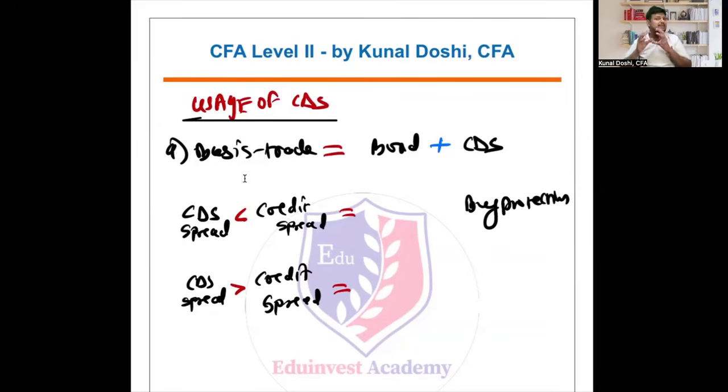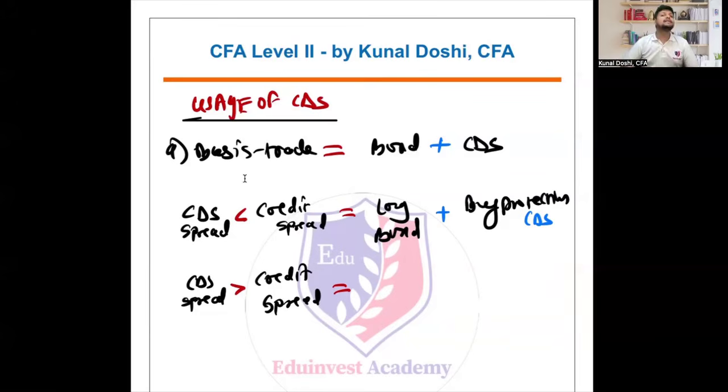Now, when I say buy the protection in the CDS, it means you short the credit risk. Okay. So buy protection with the CDS and long a bond. So you buy a bond and buy a protection, isn't it? Correct. Opposite also you can do: when the CDS spread is too high, you can sell the protection and sell a bond.